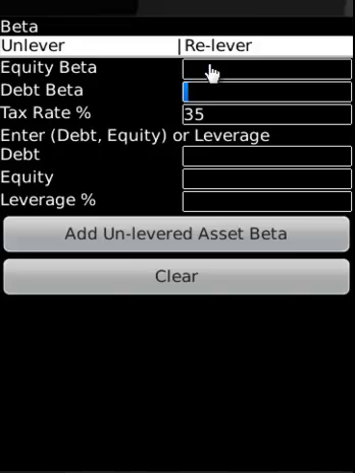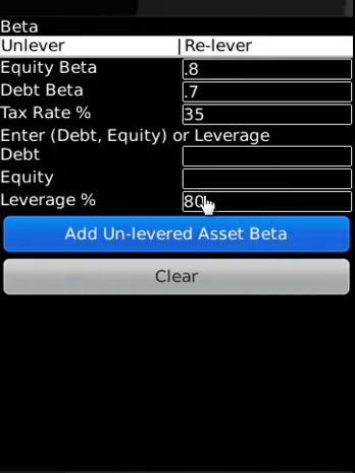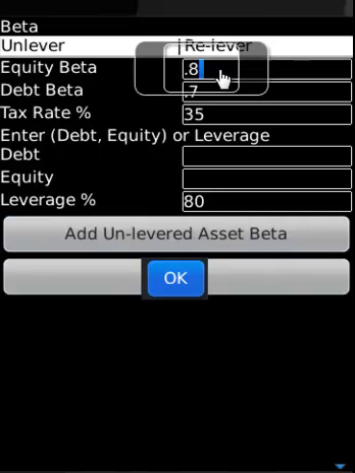to come up with the equity beta. So asset beta is, for example, 0.8, debt beta is 0.9, 0.7, and tax rate we're leaving the 35%. So leverage here is 80%. We added that, so that is one set of data.